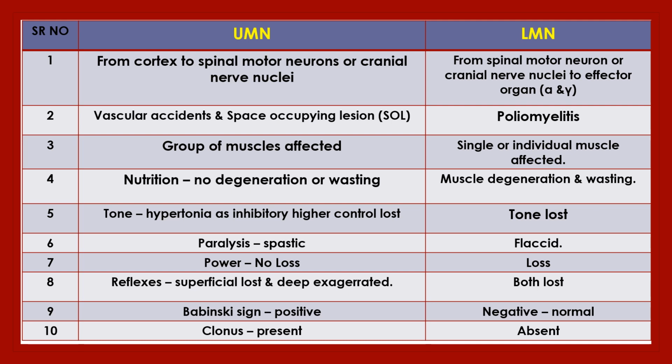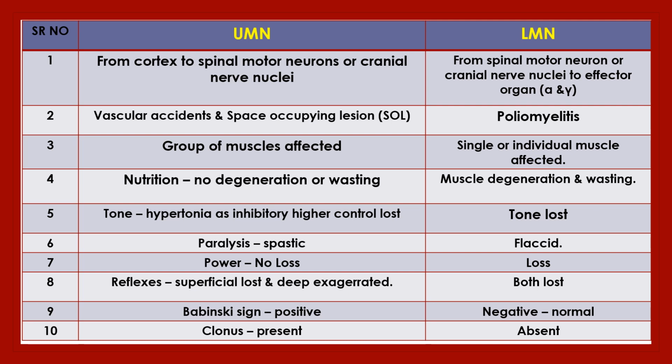If there is any lesion in between, it can cause an upper motor neuron lesion. Lower motor neurons are from the spinal motor neuron or the cranial nerve nuclei to the effector organ. They can be either alpha or gamma. A lesion to this pathway can produce a lower motor neuron lesion.